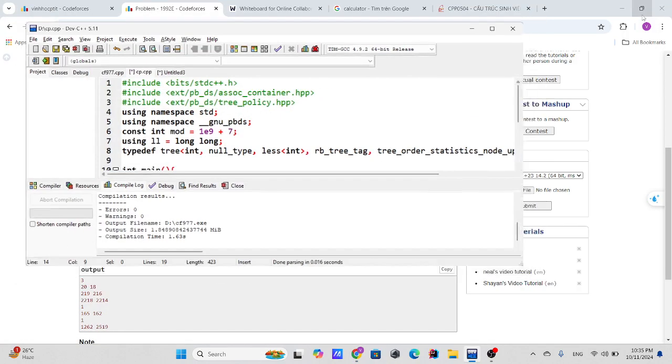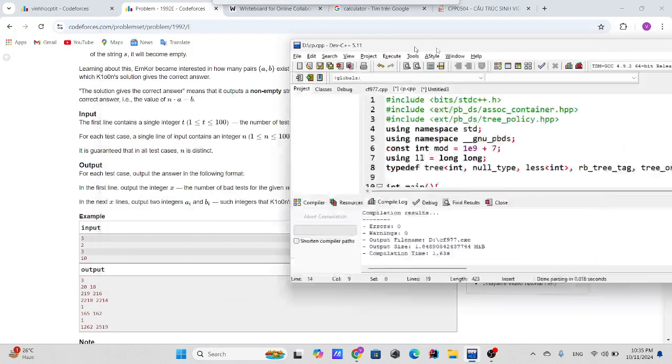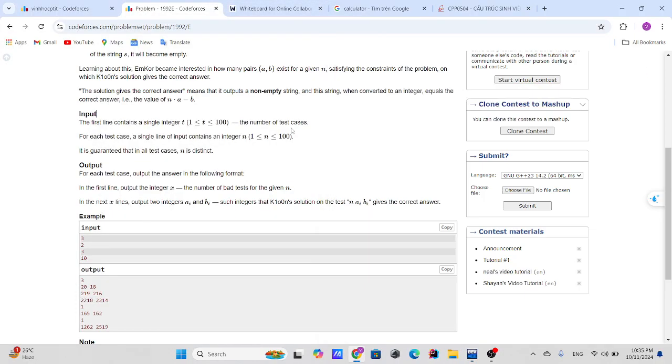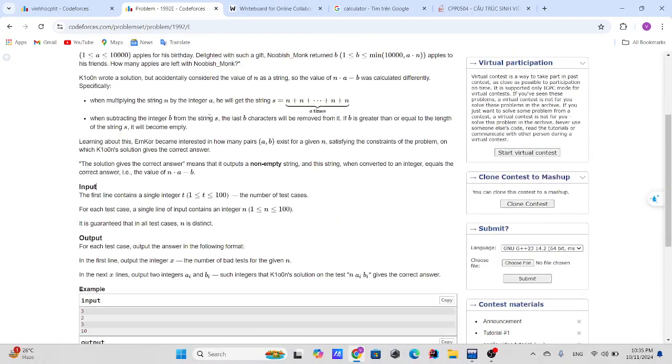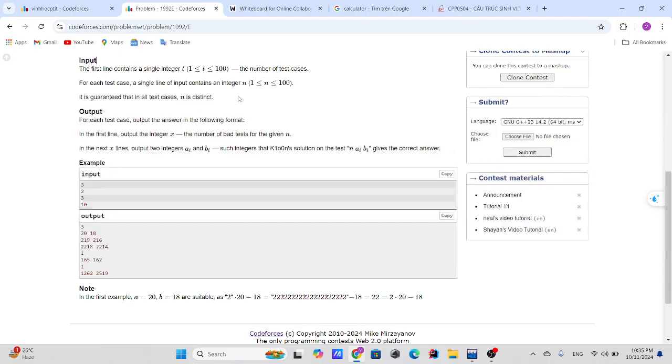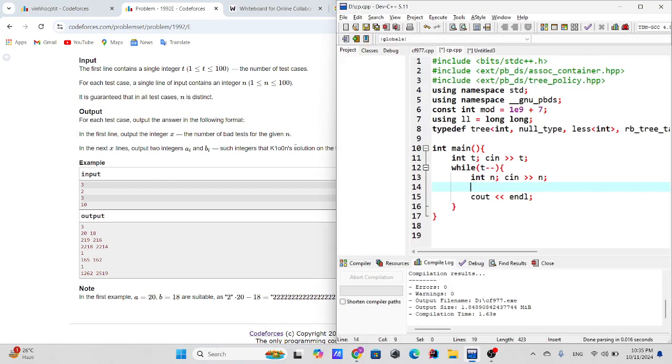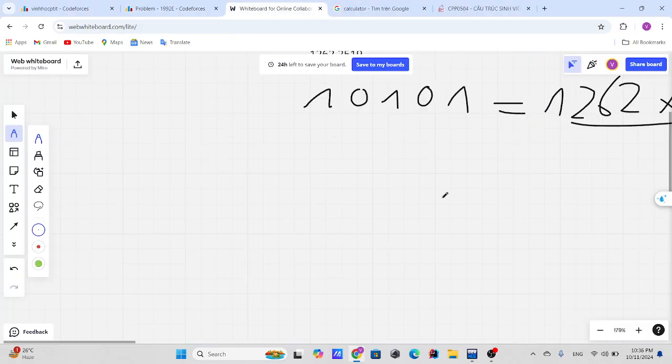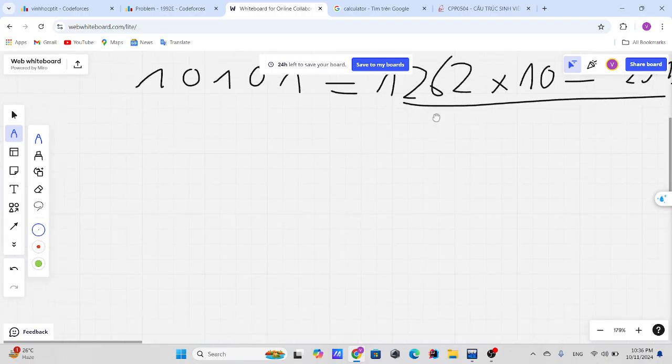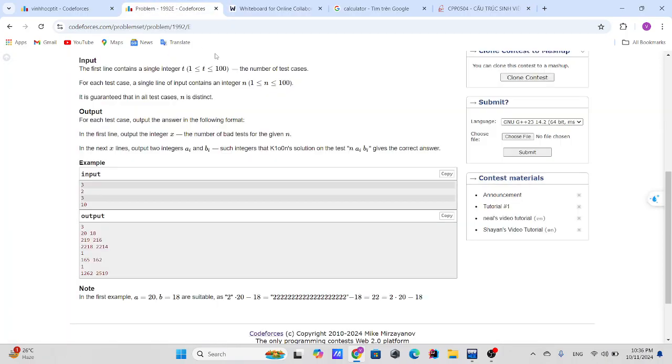It's a 1700 problem, but the problem seems super short. Is there any advanced algorithm behind this problem? There might be, but I don't think so.